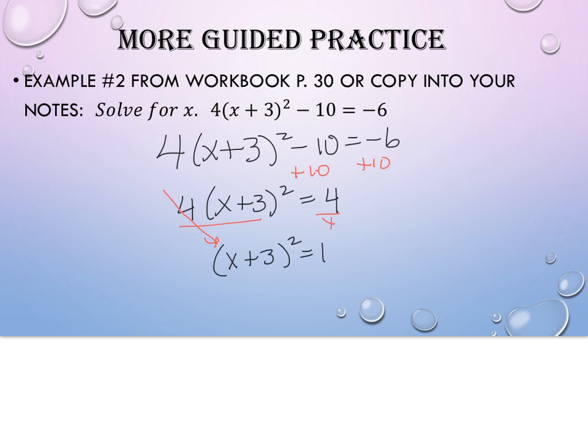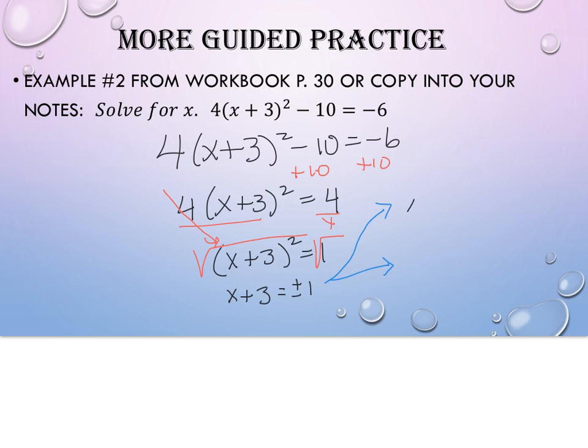Now, when we have a square, to get rid of that, we square root both sides, and that will leave us with x plus 3 equals positive or negative 1. Now notice I can't just subtract 3 from both sides because I have two different signs. So I take this equation and I break it into two possibilities.